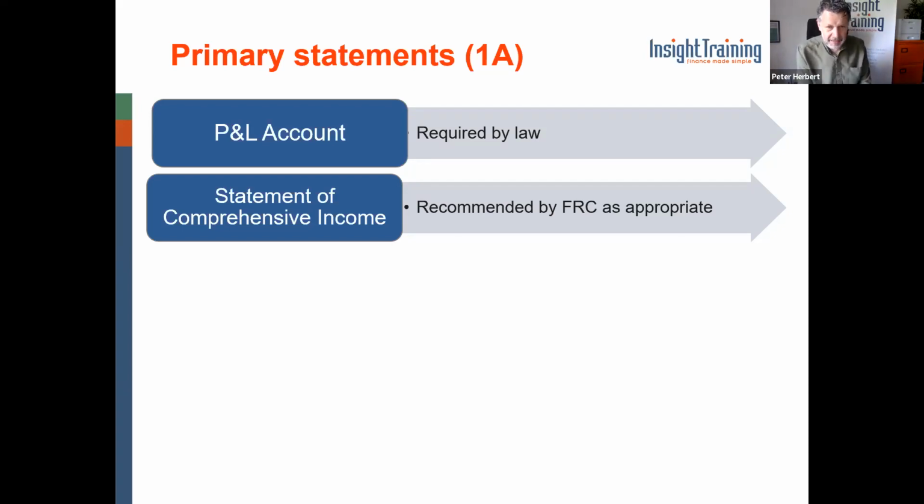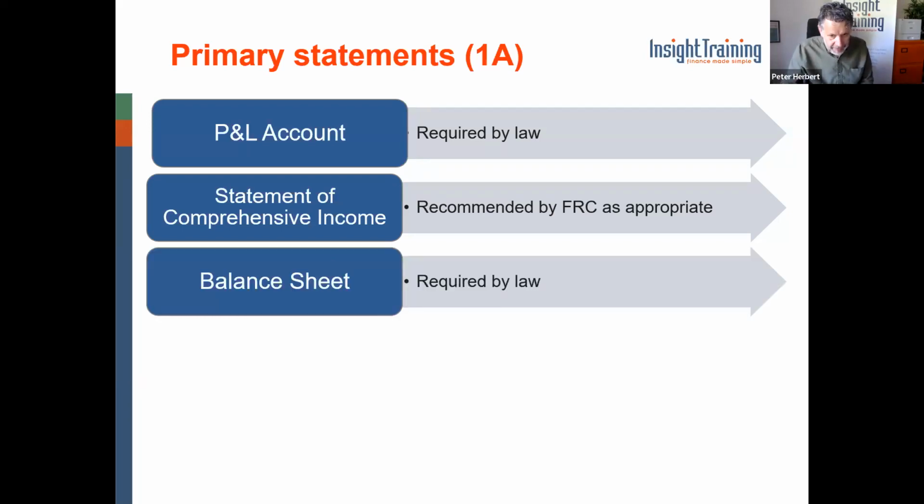I'm thinking things like revaluation of PPE, not massively common, but if there were a requirement or a potential there for a statement of comprehensive income based on there being other comprehensive income items in the financial statements, that wouldn't be a requirement for a small company applying 1A, but it will be a recommendation of the FRC to include it as appropriate.